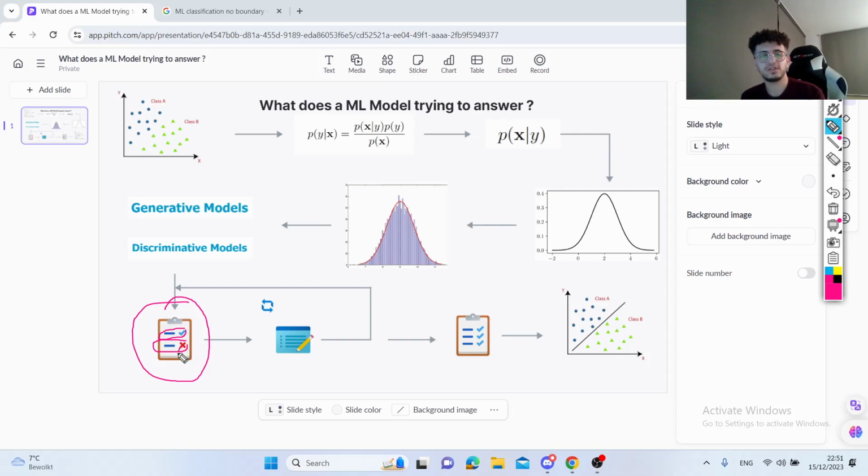And after we saw the errors, we can somehow evaluate and modify our parameters. Because what are the parameters here? For example, if we assume that we have a normal distribution, then we just need some parameters, which are the mean and standard deviation.